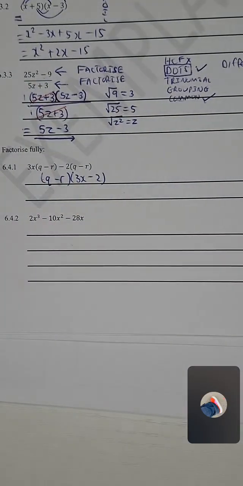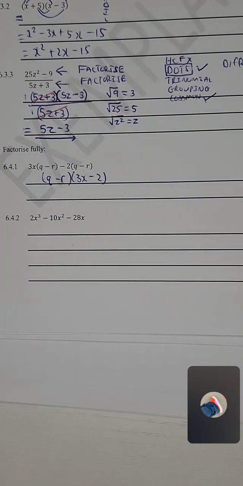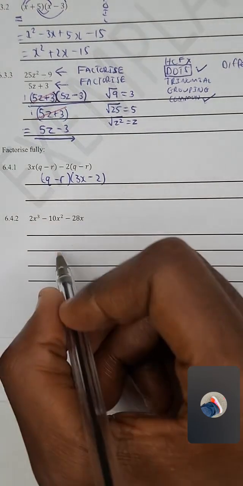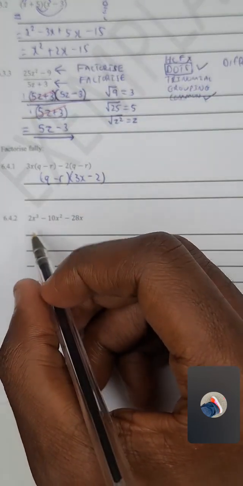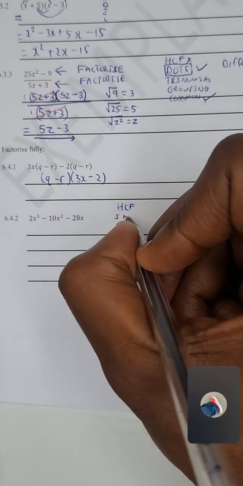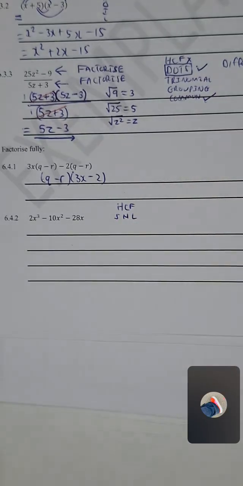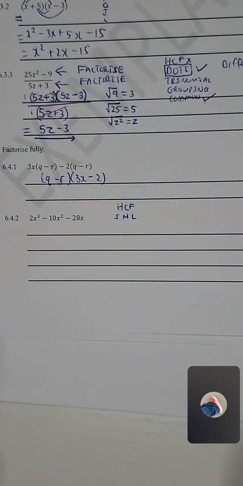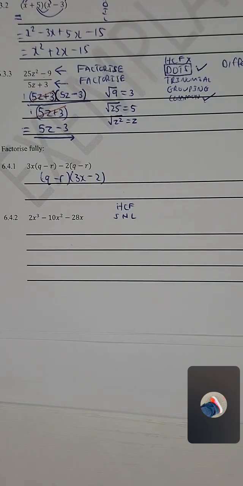Okay, here's 6.4.2. Can you do that as well? That is the factorization by taking out the highest common factor. We'll have to find the highest common factor of the expression. Then after finding it, we divide the expression by the highest common factor.